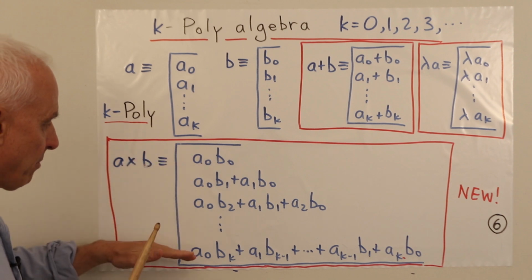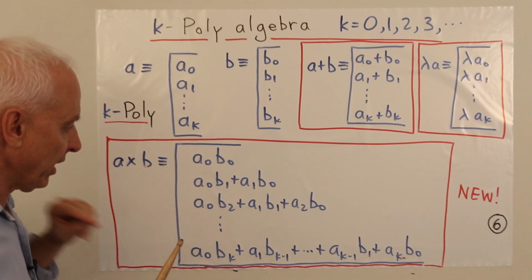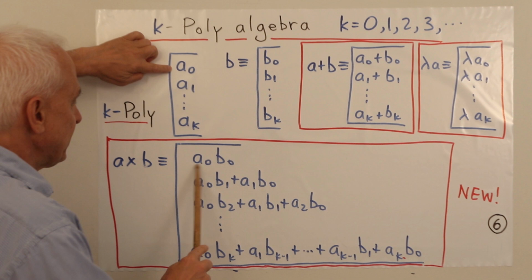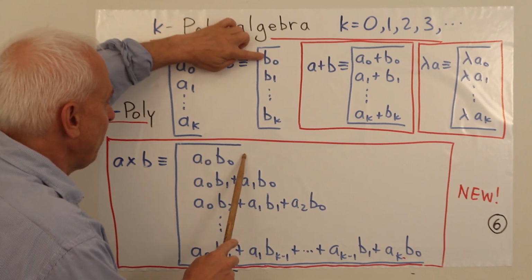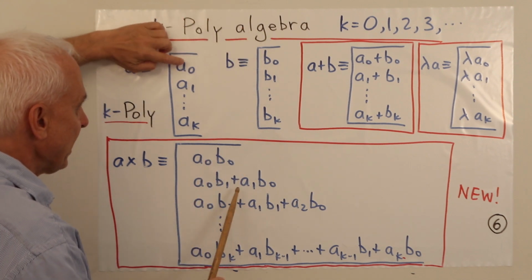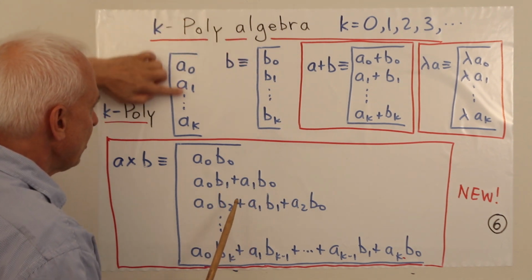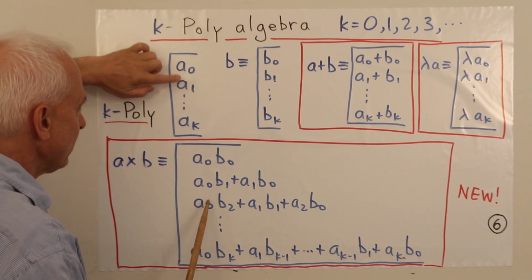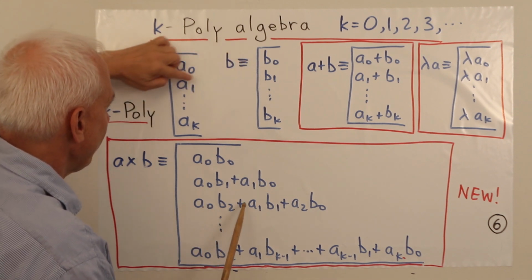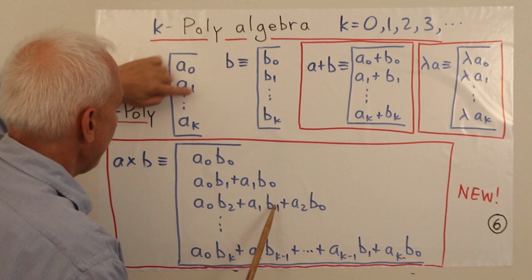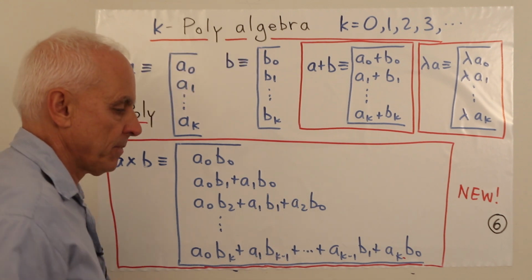Well, it's another K-poly. The 0th element is a0 times b0. The 1st element is a0 times b1 plus a1 times b0. The 2nd element is a0 times b2 plus a1 times b1 plus a2 times b0.